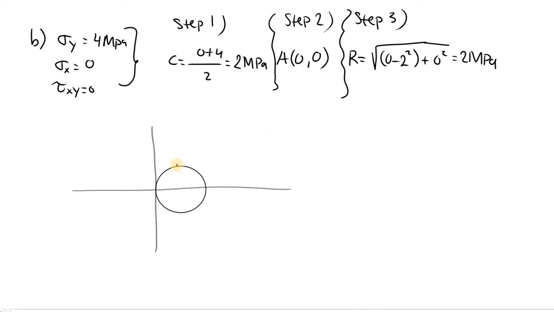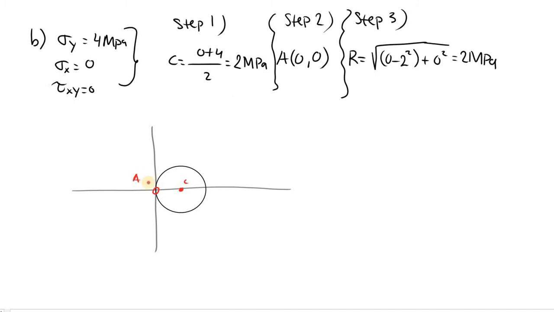I note out my center point. Obviously, when you draw this by hand, you need to find the center point first, like I did in section A. So this is my center point. My reference point, again, is located at the intersection between the shear and normal axis.